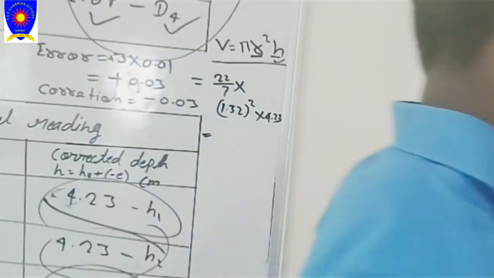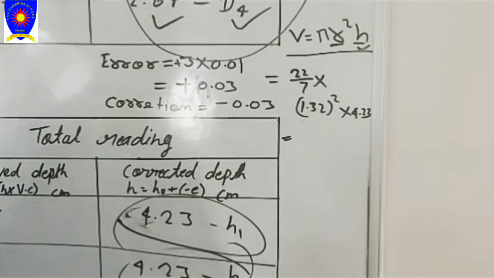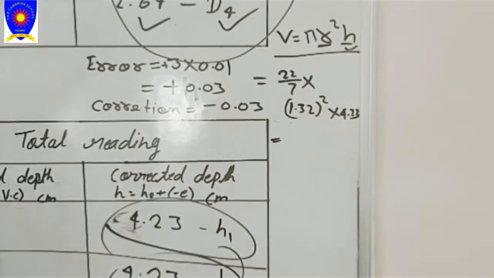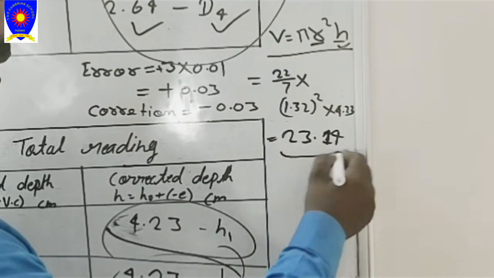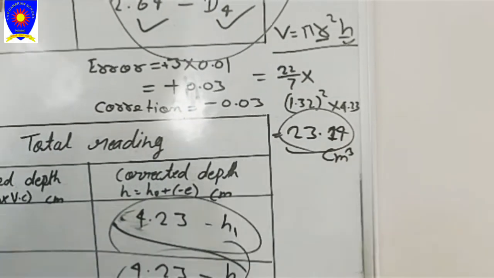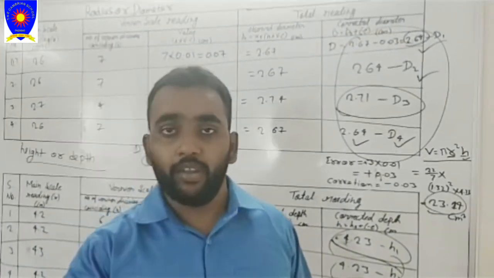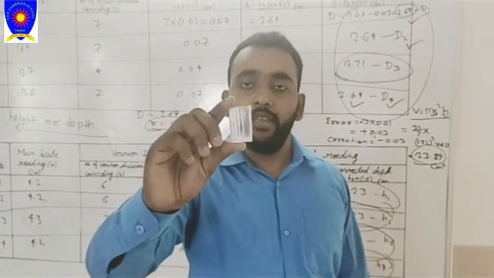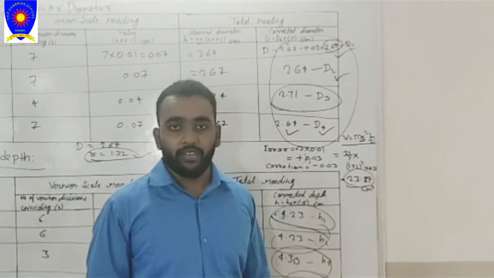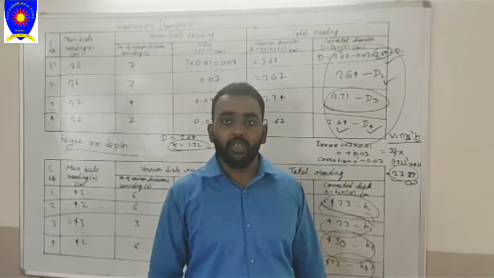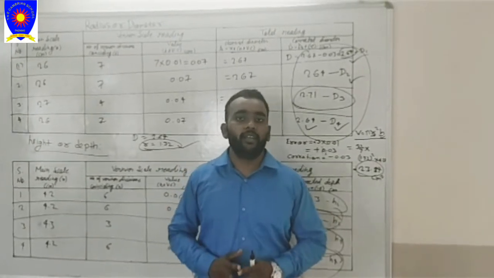It will be 23.14 centimeter cube. So now we have found the volume of this given cylindrical body is 23.14. So in two videos I hope that you have learned how we can use vernier calipers.